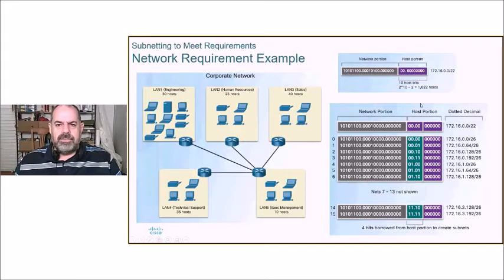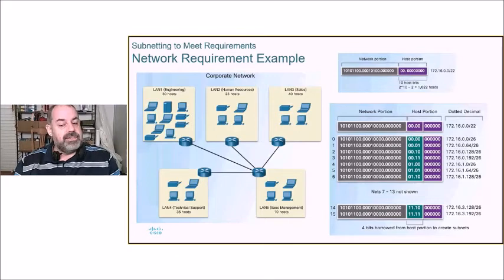And so what number are we using? Here we're borrowing 4 bits from the host portion to create subnets. So 4 bits, 2 to the power of 4 is 16. So that gives 16 networks. Of course, if you borrowed 3, you'd be able to create 8 subnets.